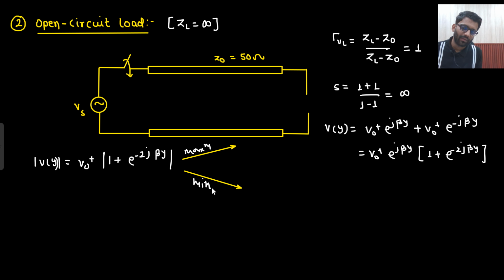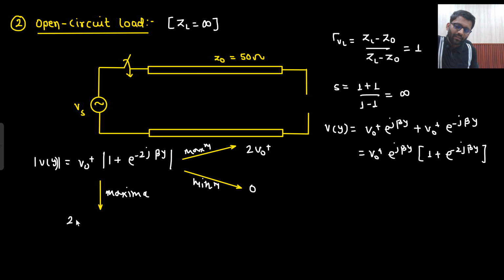For the maximum value this should be 1, so 2 V naught plus, and for the minimum value this should be minus 1, so 0. And if I find the location of maxima and minima, I will only find the location of maxima, because for minima I know a lambda by 4 distance would be there. So I only find the location of maxima.